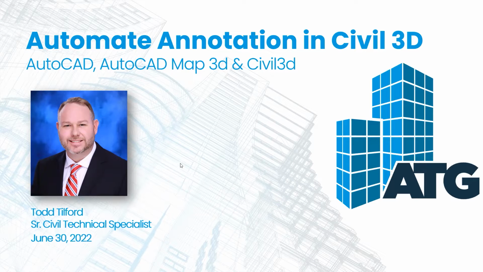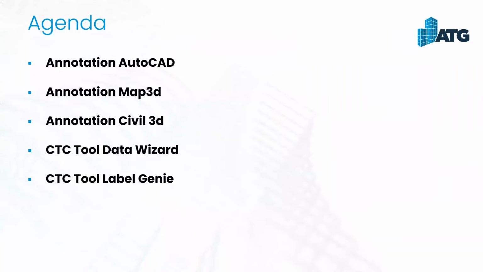Let's start getting into this webinar. Today, like I just said, we're going to be going over automating annotation in Civil 3D. Let's go ahead and have a look at the agenda. So how can I automate this Civil 3D annotation? When I want to annotate something in AutoCAD, Map, and Civil 3D, there are different ways you can do this. I can go into AutoCAD and create different things that have shortcuts, maybe using tool palettes, and we'll talk about that.